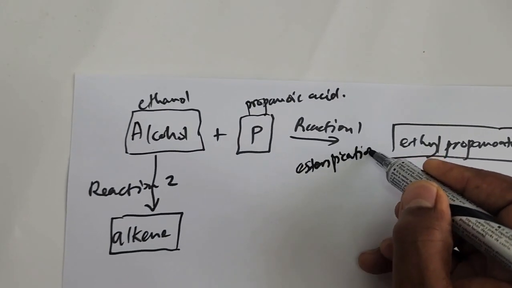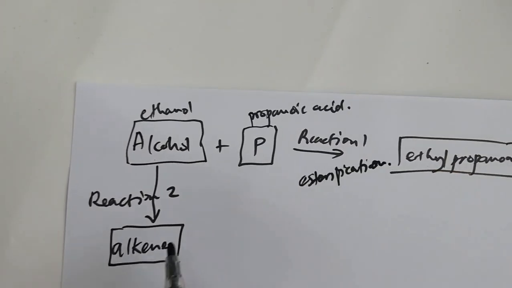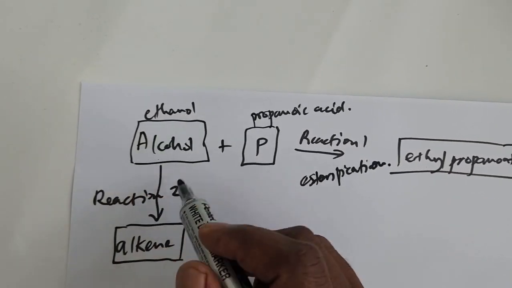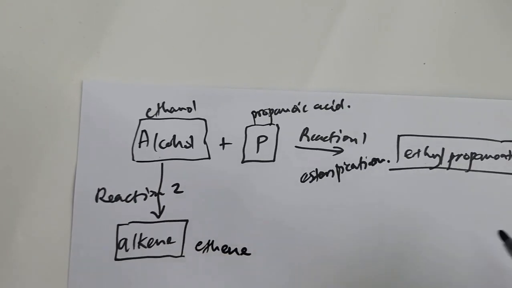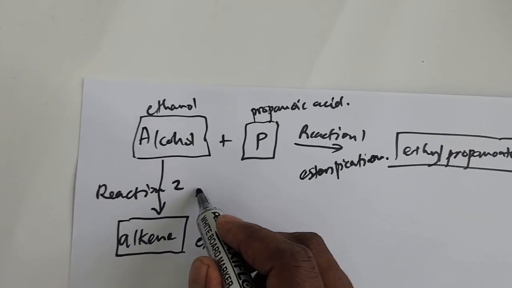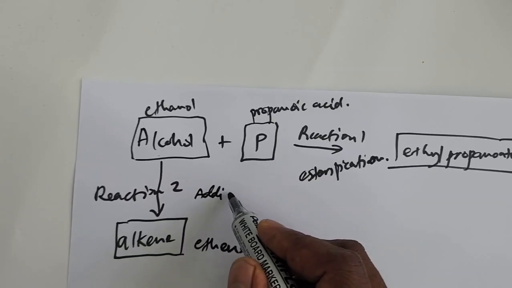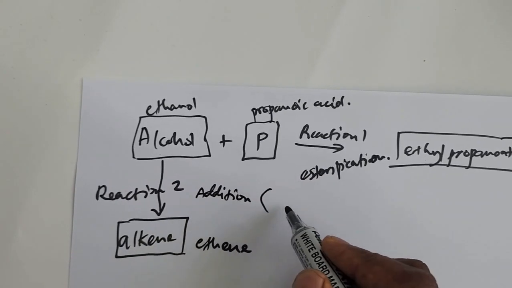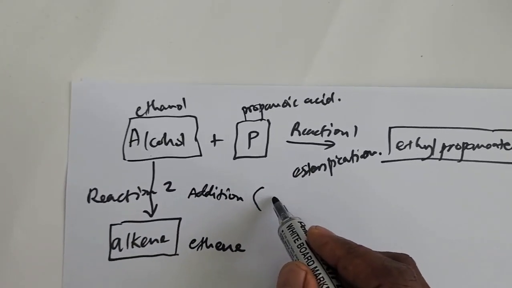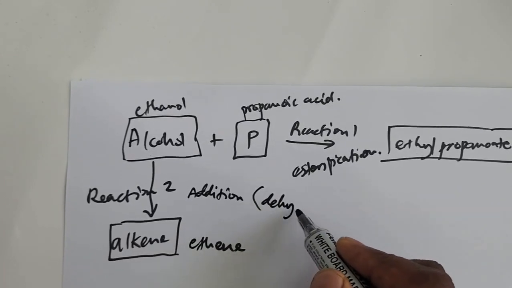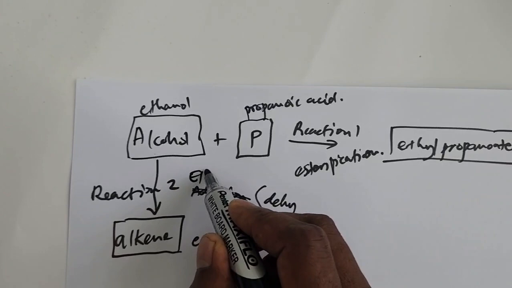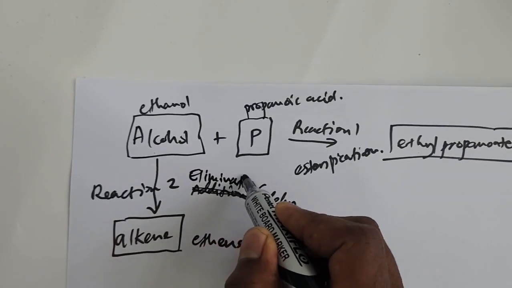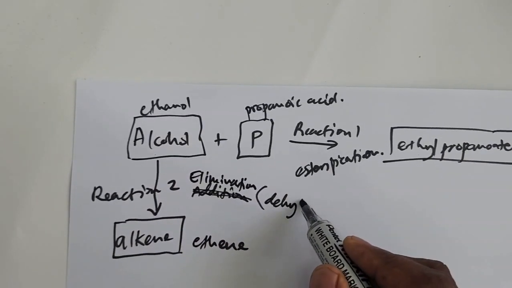Esterification. That's how easy it is to analyze the table. And reaction 2, because this one is ethanol, therefore the alkene will be ethene. I'm going to remove water. Reaction 2 will be an addition reaction. Addition, I can even name the type of addition, which is dehydration. Oh wait, it is not addition, it's elimination. Elimination. Then it will be dehydration.